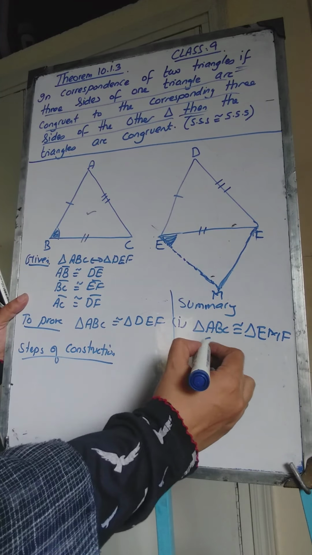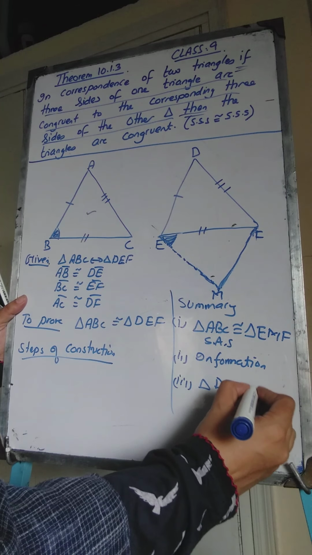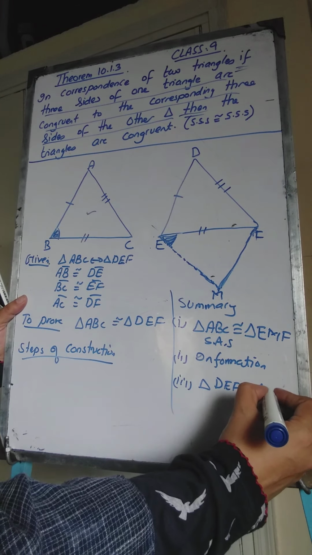Second step we are going to do is that with the help of this congruency, we are going to get some information which will help us to prove that triangle DEF is congruent to triangle EMF.